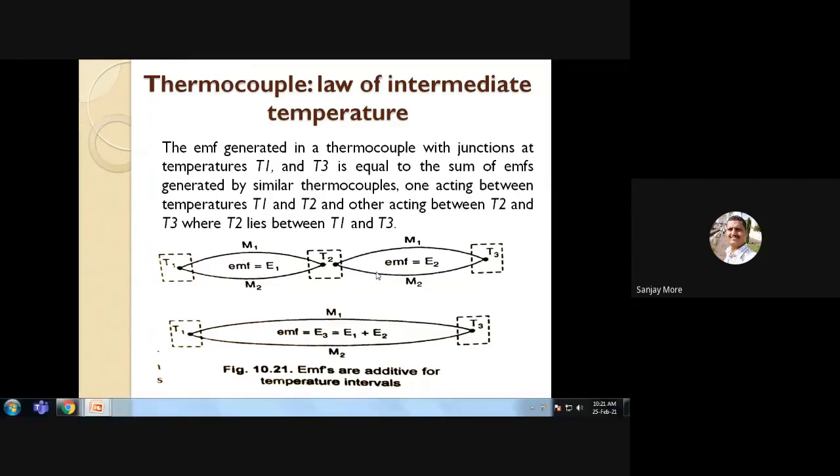Here E1 and E2. So E1 plus E2 is equal to E3. Additive temperature intervals. Okay. Also draw this diagram. Thermocouple is also known as the law of intermediate temperature. Also draw this EMF diagram.